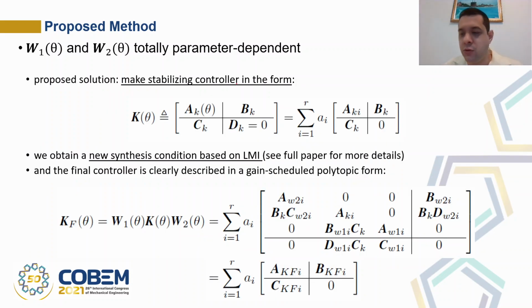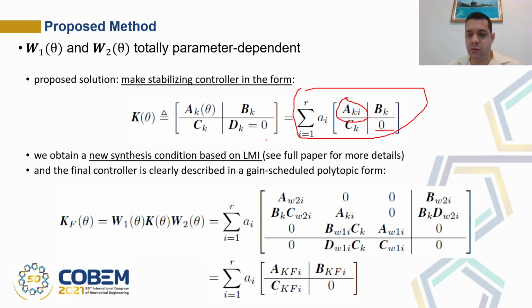Our proposed solution is to make the stabilizing controller in the form with only matrix A as parameter dependent and matrix D equals 0. So we obtain a new synthesis condition based on LMI, and the final controller is clearly described in a gain schedule parameter dependent polytopic form.